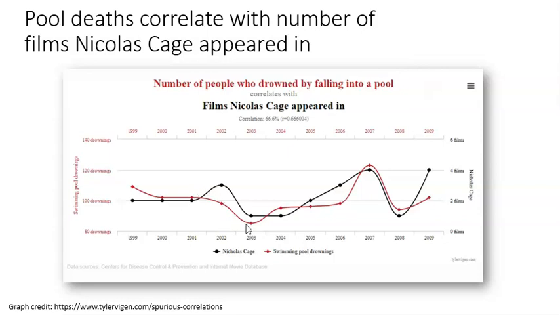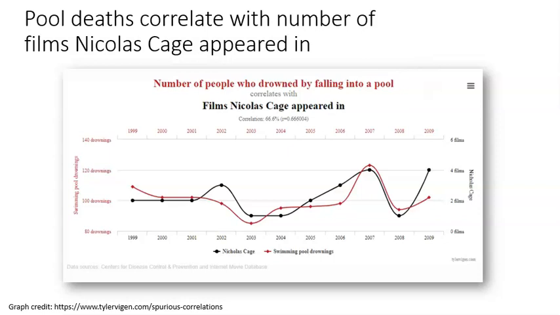As one goes up, the other does. As one goes down, the other does. So there's a strong correlation. However, this is just by pure random chance, right? There's nothing linking these together like there was for the ice cream and the polio example where temperature linked those two variables together. Here, these two variables are correlating just by random chance.